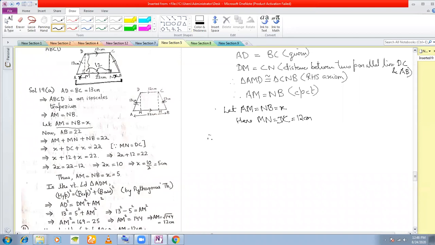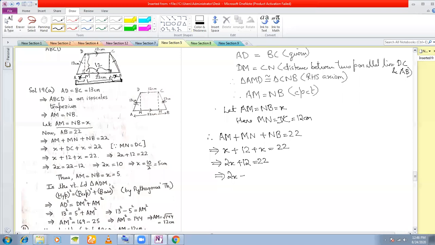Therefore, you know that AM plus MN plus NB is equal to 22. What is AM? AM is X, MN is 12, NB is X, which is equal to 22. That means 2X plus 12 is equal to 22.